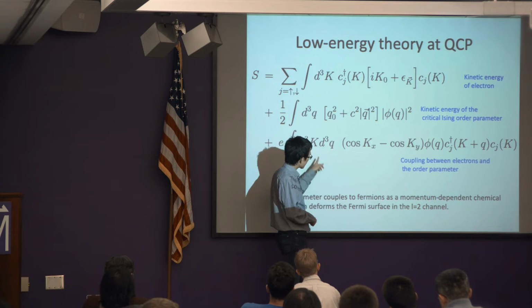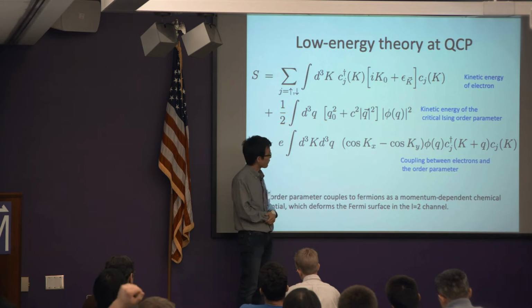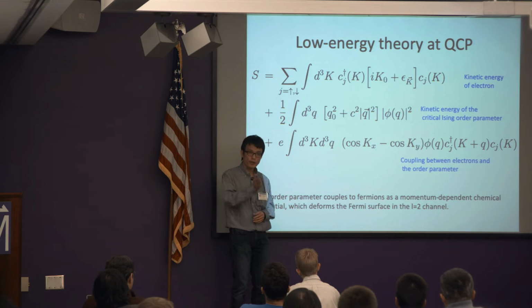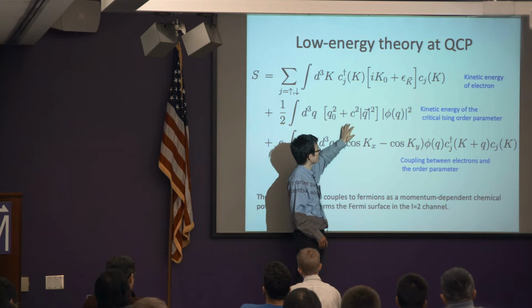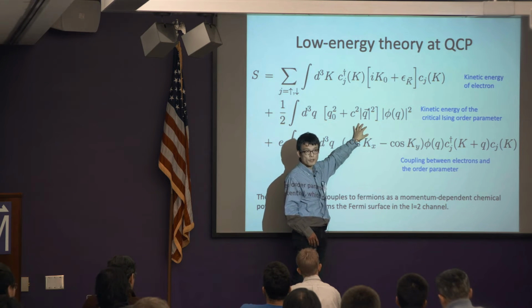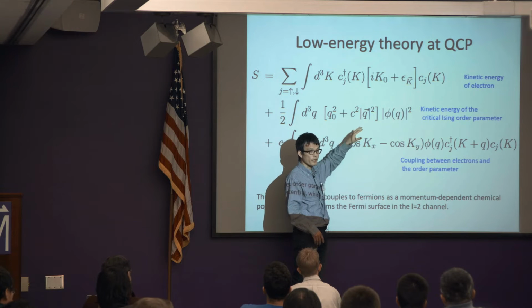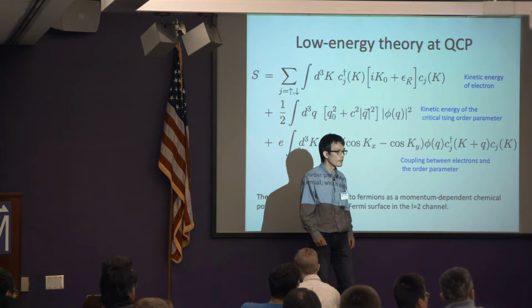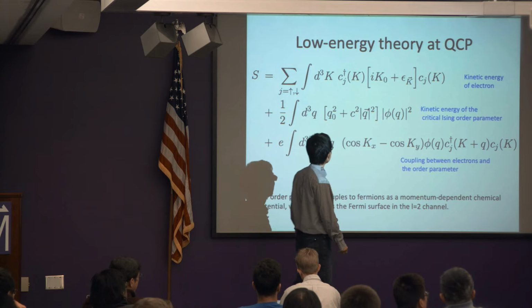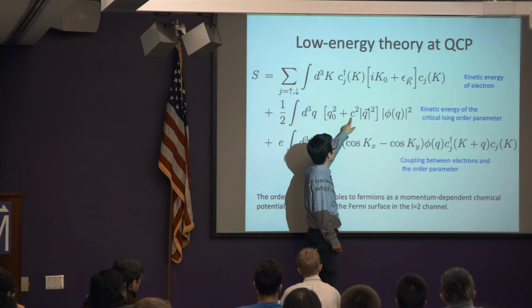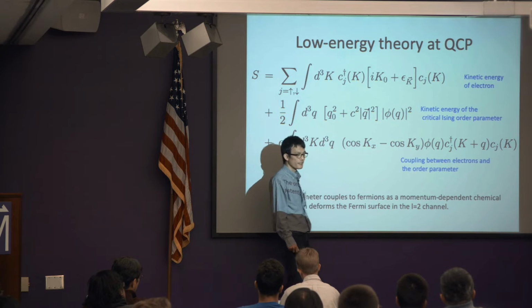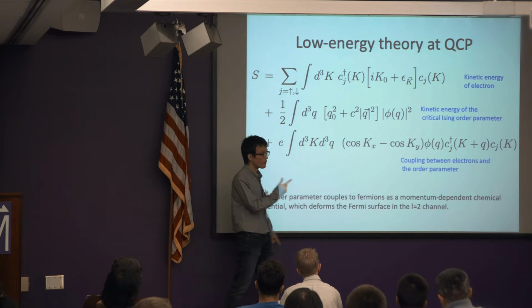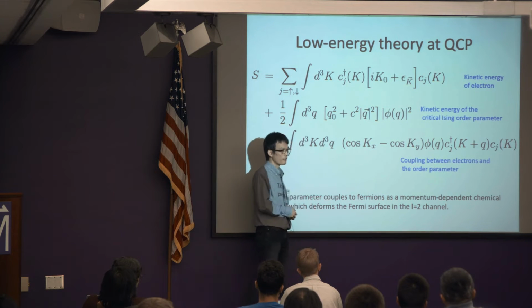So to understand this form of the coupling, let's imagine first we are in the ordered phase. In the ordered phase, you may turn on some negative mass square term for the boson that, yes? A very quick question. The c on the second line, that's not the electron creation operator, right? Sorry, this is the velocity of the collective mode, which is in general different from the velocity of fermion.